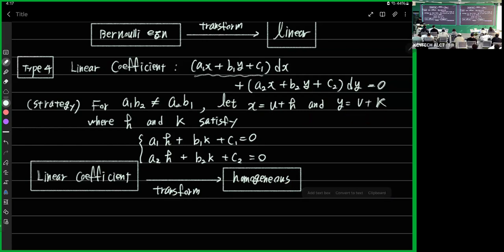You can find h and k by solving that system. C1, C2, B1, B2, A1, A2 are given, so h and k are the only unknowns. Two equations with two unknowns is solvable, so we can find h and k, and then substitute u plus h and v plus k for x and y.